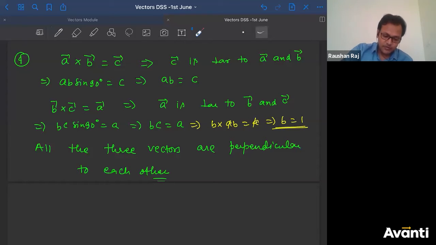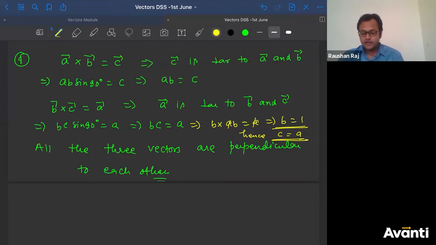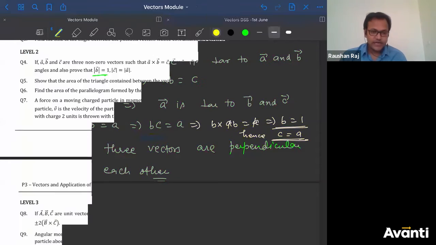If you put modulus of B as 1, you'll get C is equal to A. So hence, C is equal to A as well. Guys, click yes if you have understood the solution for question number 4. Thank you. Now let us move on to the next question.